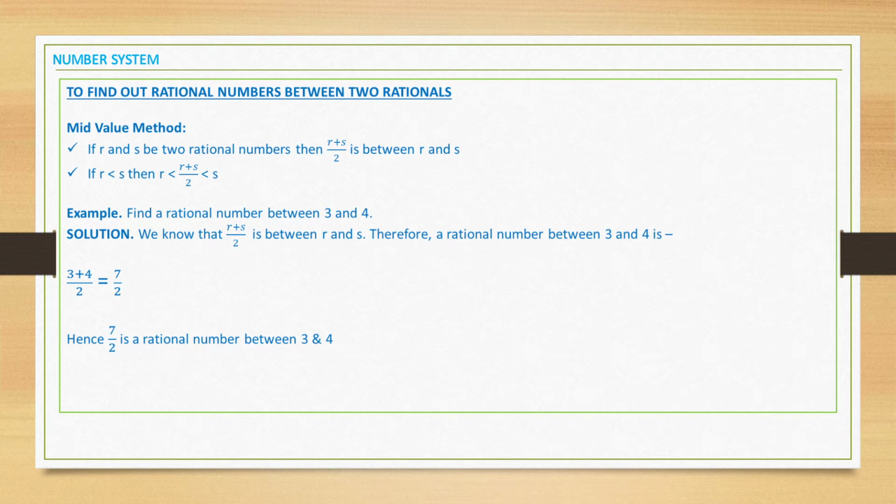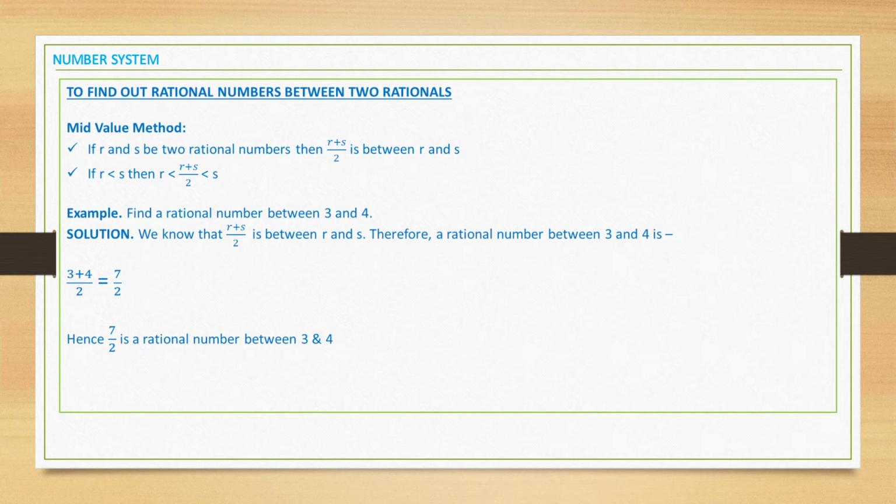That is the method. We have to find the average of the given two rationals, to find the mid value of the two numbers. Likewise, we can find rational numbers between the given numbers.